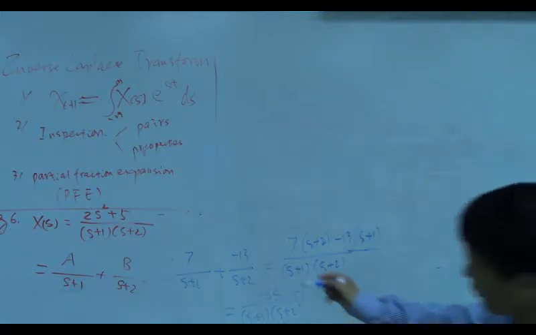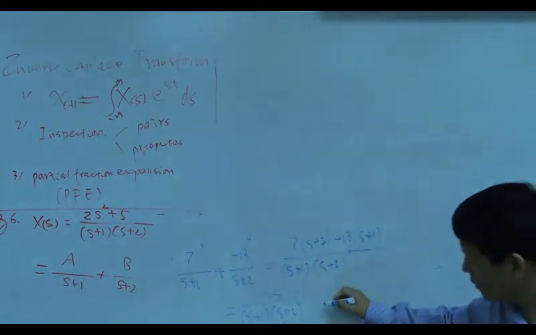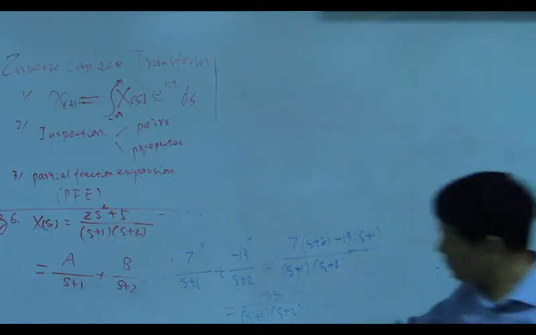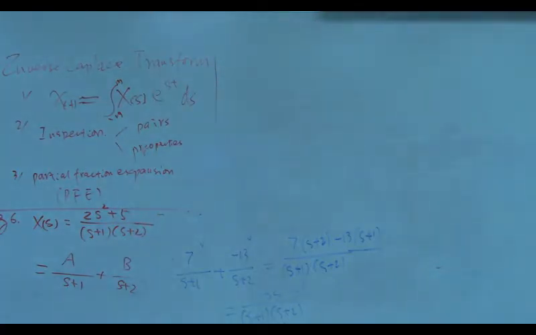I believe your calculation is correct, and our calculation here is also correct. But this one is not equal to this. So what's the problem? You use this method, calculate this, every step is correct, and the result is wrong. What is the problem?